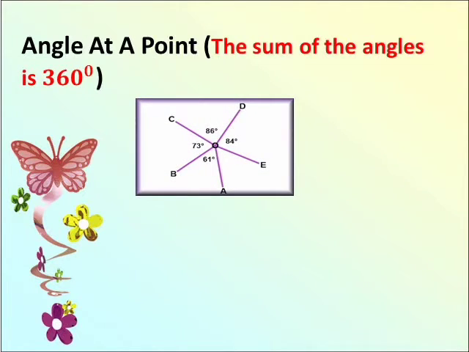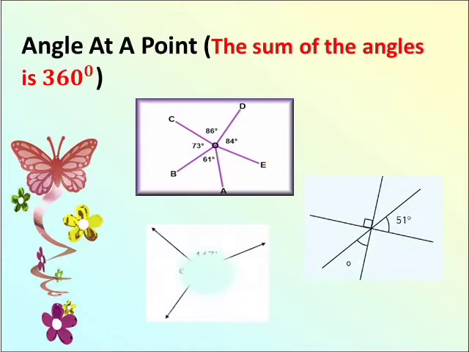See, the angle is not only formed on a straight line, but almost forms a full circle. As we know, a full circle is equal to 360 degrees. That's why these kinds of angles will have a total equal to 360 degrees.